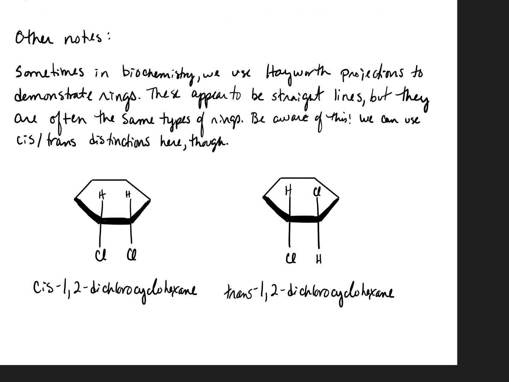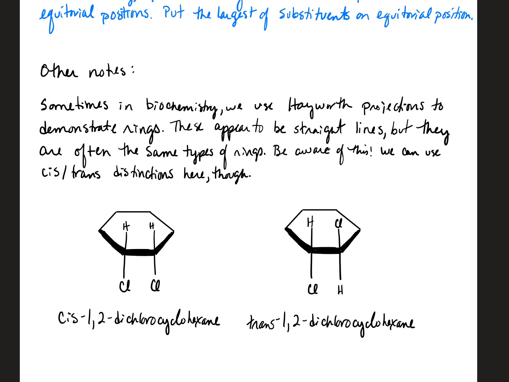Another thing to note while we're here talking about rings, there is something called a Haworth projection that we use sometimes, mostly in biochemistry, but in other things as well. And notice that this is not going to give an accurate viewpoint of what cyclohexane looks like, because it shows that we've got like this area right here is coming towards you, right?